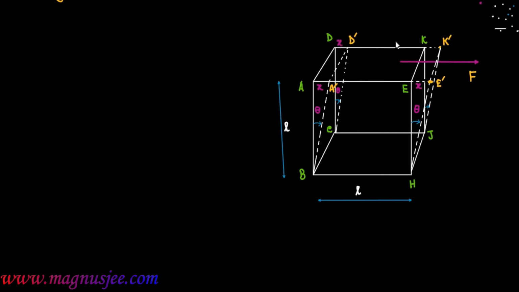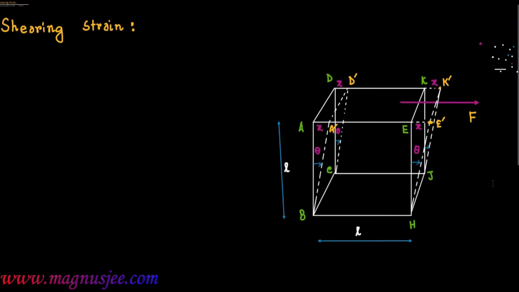That is, AA prime is equal to x, and EE prime is also equal to x, and x is the linear displacement of the face ABCD due to application of tangential deforming force. In the diagram, F is the deforming force which is applied tangentially on the upper face of the cube so that its shape changes.